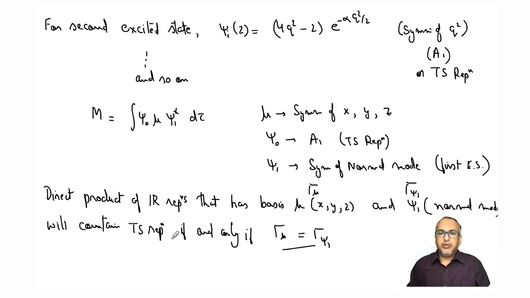Then only the direct product will contain the totally symmetric representation, and the integral will survive. The integral will not go to 0 only if tau mu is equal to tau psi 1.